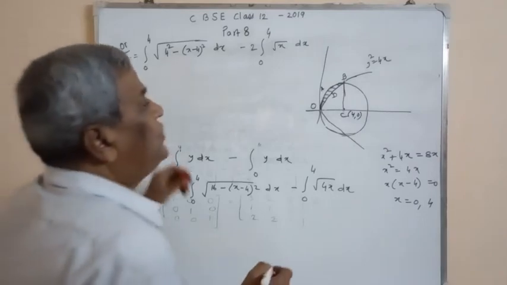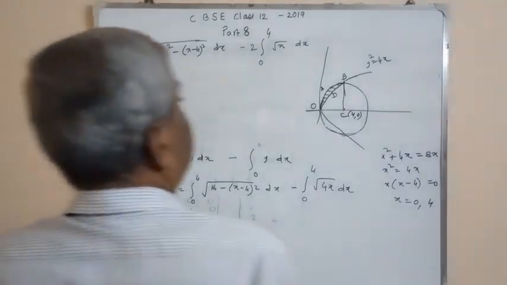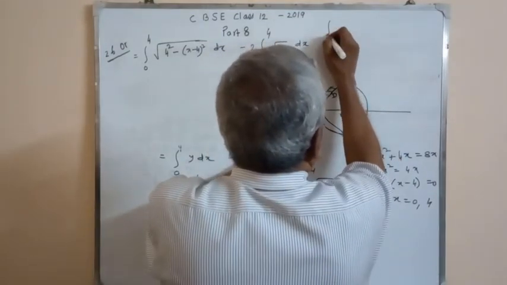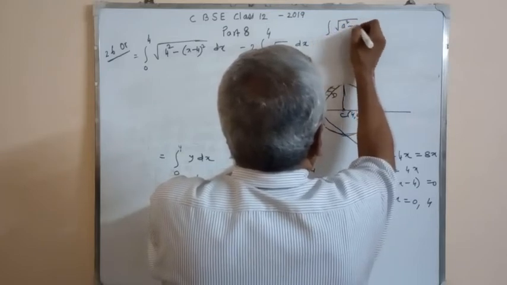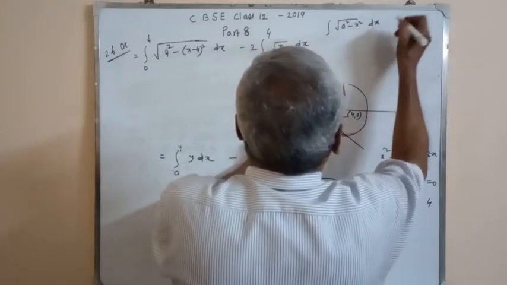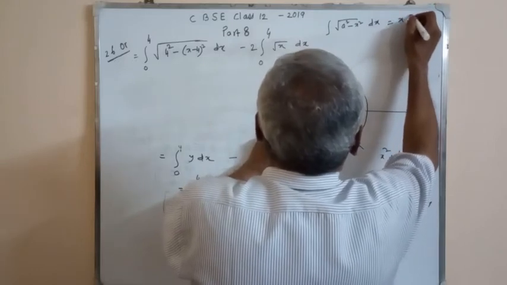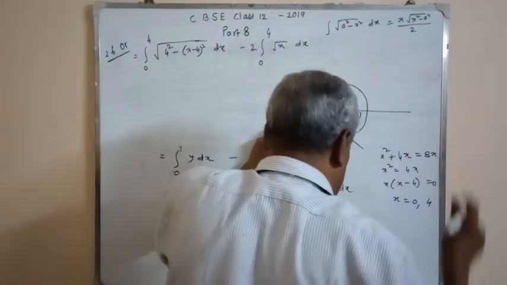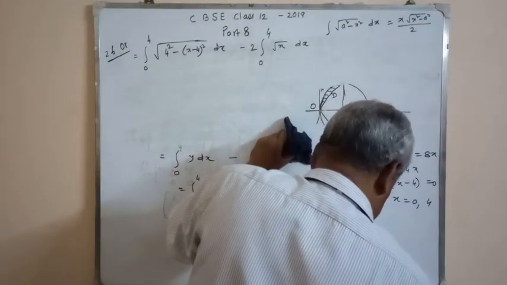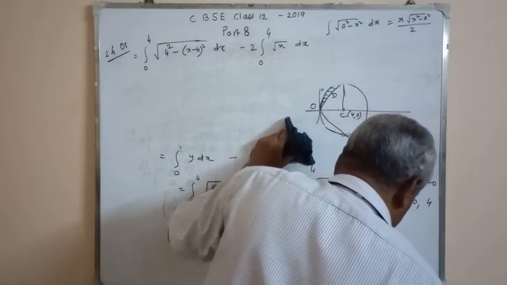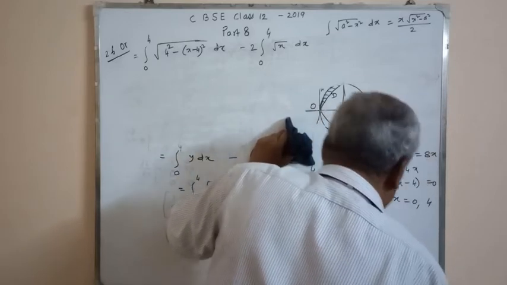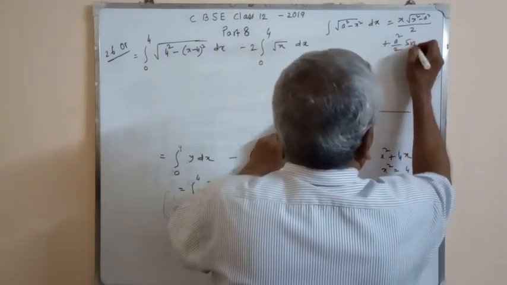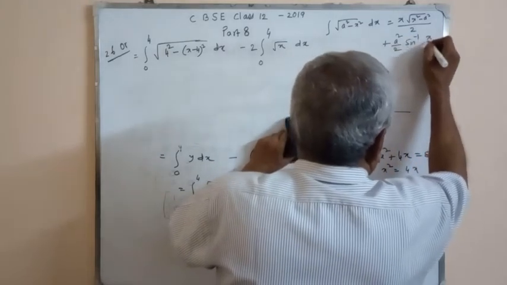Now this integration is of the type integration of root over (a square minus x square) dx, and its result is x into root over (a square minus x square) by 2 plus a square by 2 sine inverse x by a.